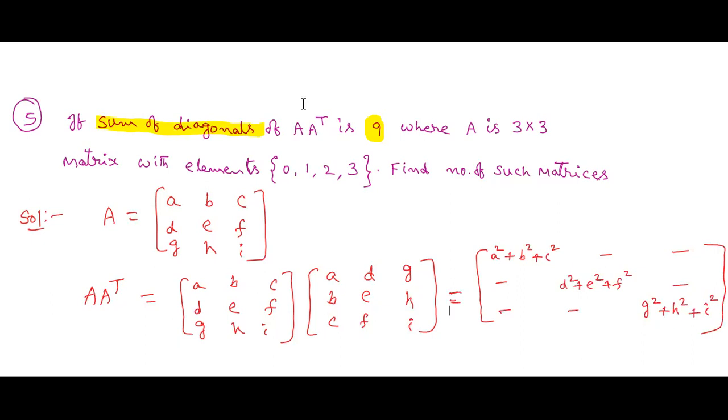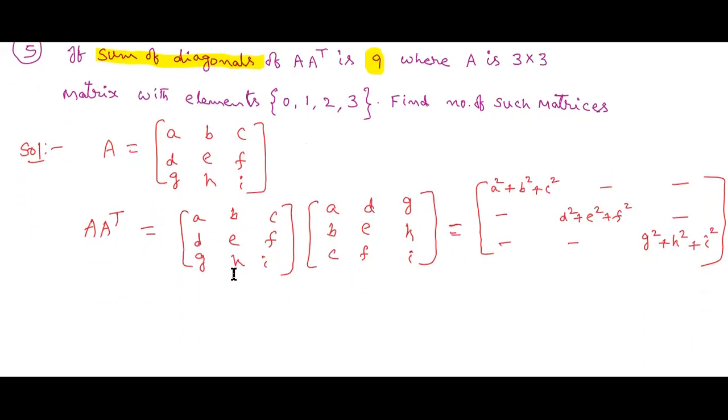Now, the sum of principal diagonal elements is given as 9. So that means a square plus b square plus c square plus d square plus e square plus f square plus g square plus h square plus i square.